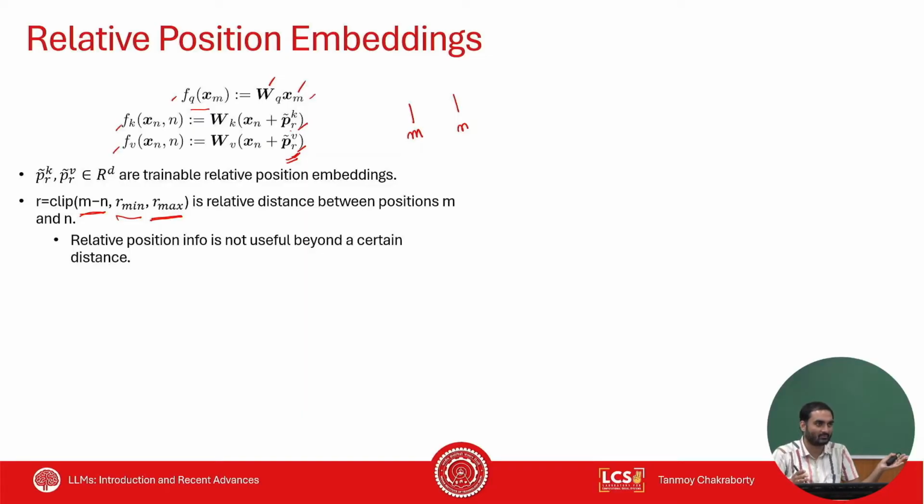If it is below r_min, you consider r_min. So this is P_r. Now how do we measure this P_r? This is trainable. You will learn this P_r. Now this P_r is added with the value and key, not with the query. Okay, this is one way of preserving the relative position.